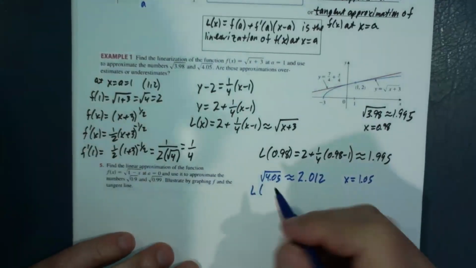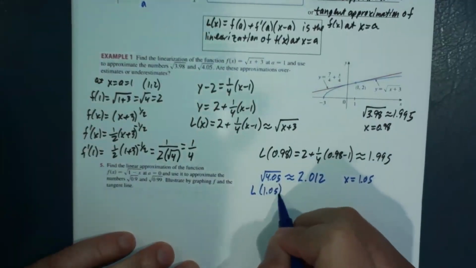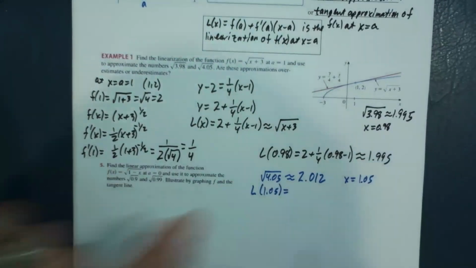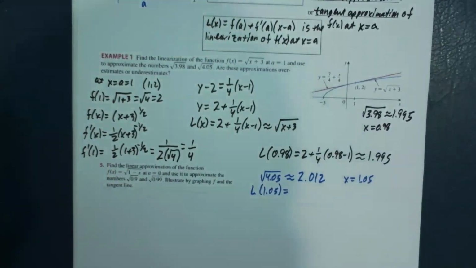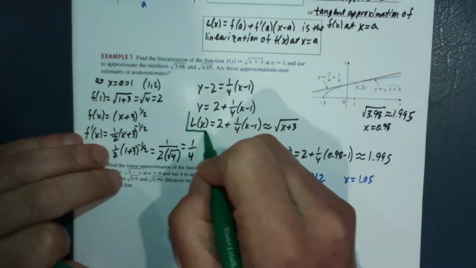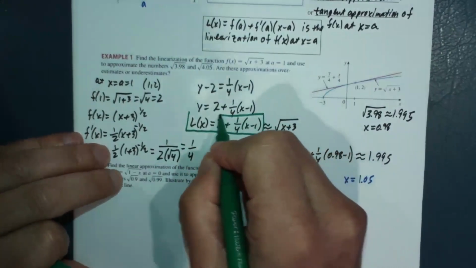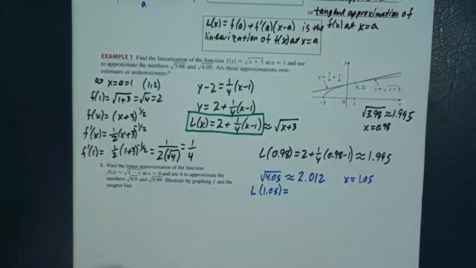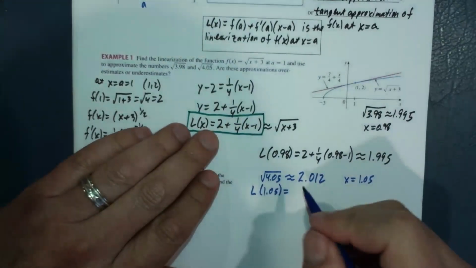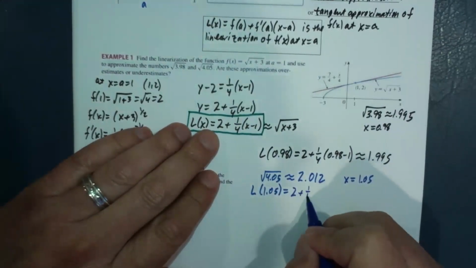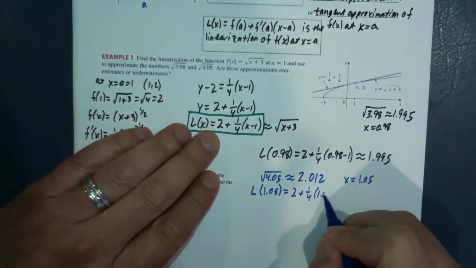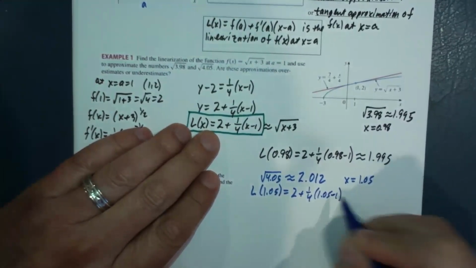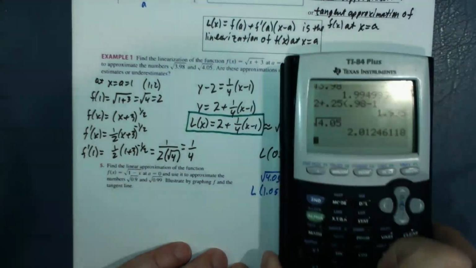So that's what I'm going to plug into my linearization. And I really should box my linearization just to make it clear where I'm plugging that in. So that's going to be 2 plus 1/4 of 1.05 minus 1. Let's see what we get.